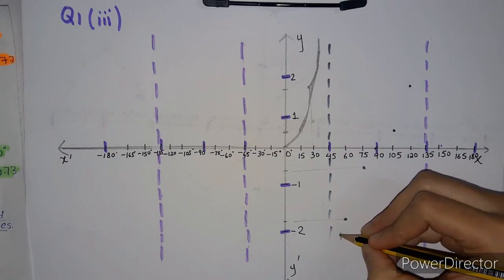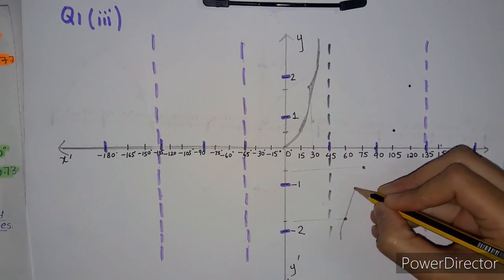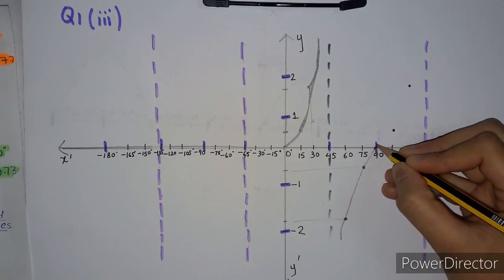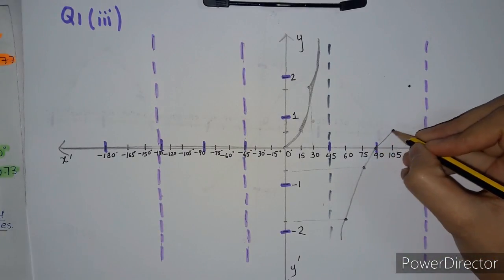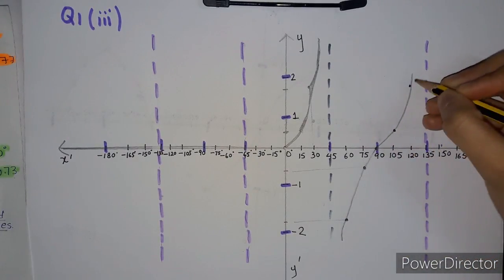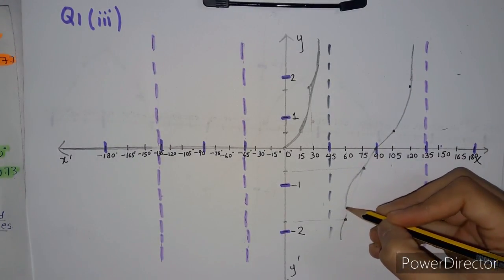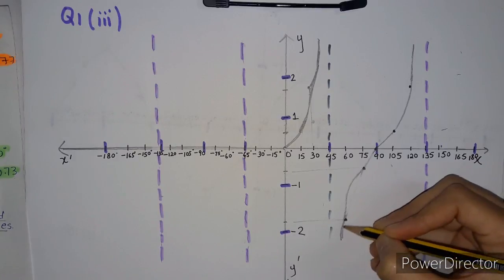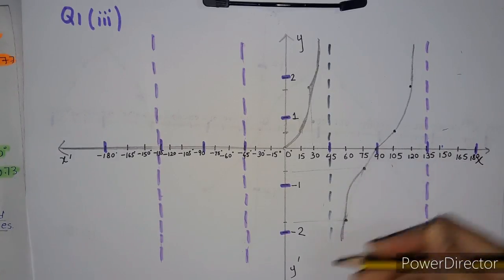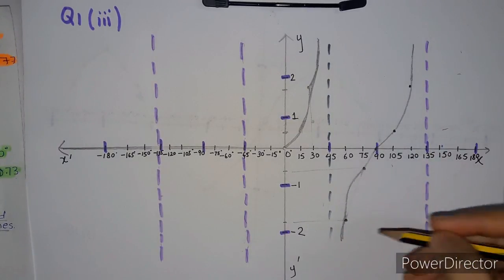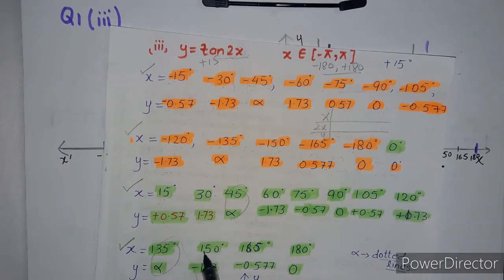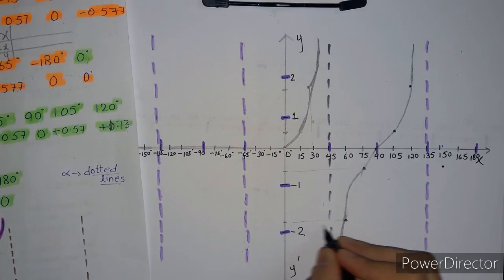This and this, then this and this, and like this. Curve here like this. So you have to draw like this. Then we have 150, which is minus 1.73, somewhere here.